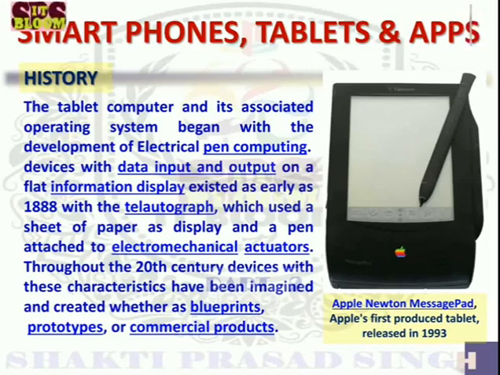Devices with data input and output on a flat information display existed as early as 1888 with the telautograph, which used a sheet of paper as display and a pen attached to an electromechanical accumulator.